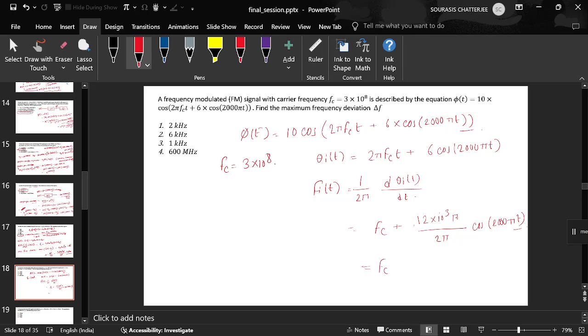So that means fc plus 6 into 10 to the power 3 cos 2000 pi t. So this is going to be the instantaneous frequency expression.